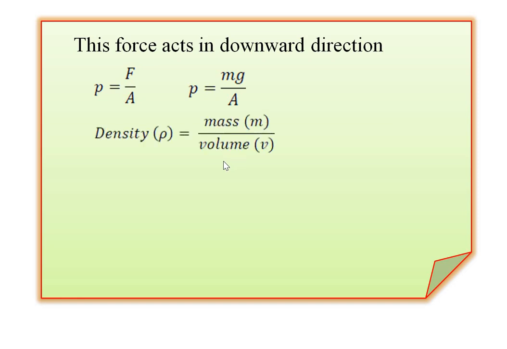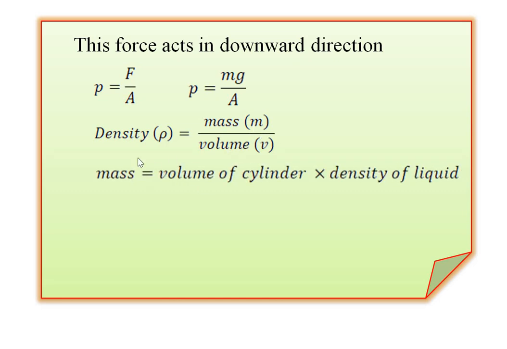capital A. As we know the density formula, density equals mass divided by volume. So taking the mass term outside, we get density into volume, that means volume of cylinder into the density of the given liquid. So mass equals volume in terms of area into height, that means A h into the density, symbolically rho.